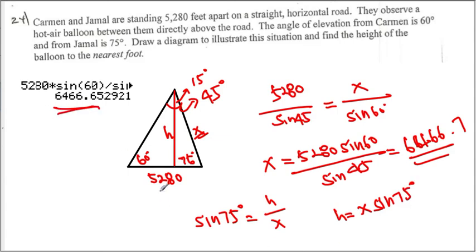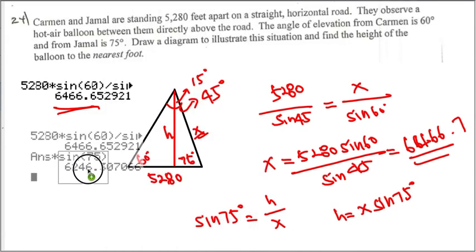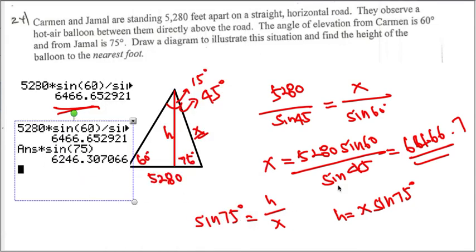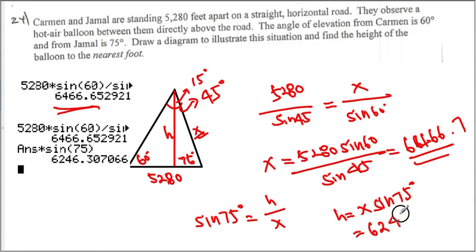So I'm going to use the previous calculation and multiply that by sine of 75, and that becomes our final height, 6246.3. So it's about 6246 feet.